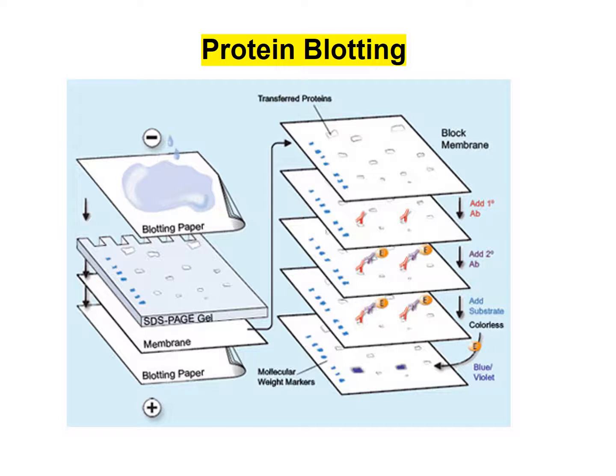And once the blotting occurs, it takes hours. You take that membrane and you block it, then you add your primary, you add your secondary, you add some type of substrate if this is an enzyme, and you get an enzymatic color reaction at the point where the protein is that this antibody recognizes.